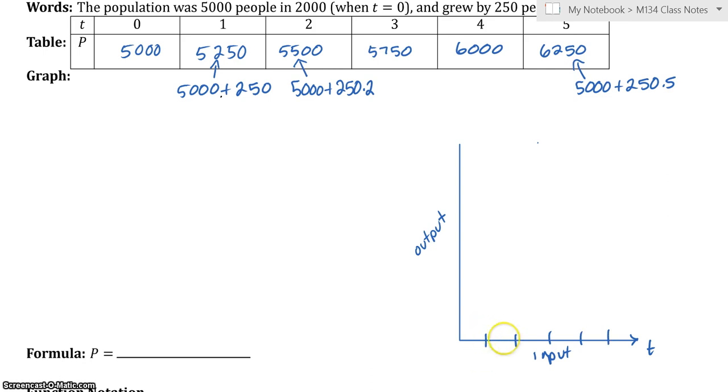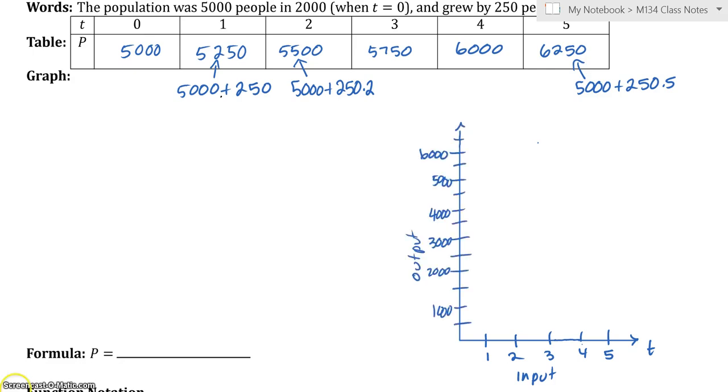I like to try to evenly space them. Now the output's a little tougher because we need to get to 6,000 somehow. So I'm going to count by 1,000. Don't want to count by 1. So I counted by 1,000. I decided to skip one, so this would be really 500, right? I did a tick mark every 500 instead of every 250.